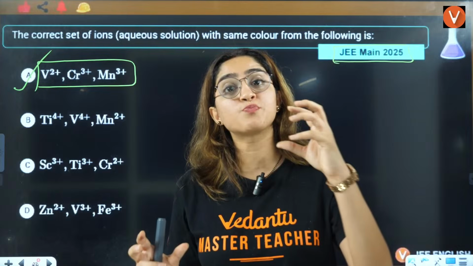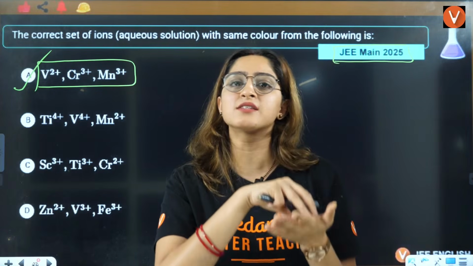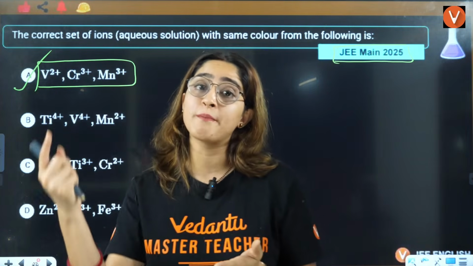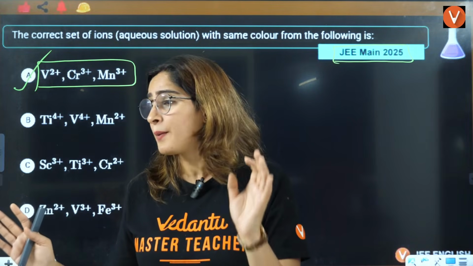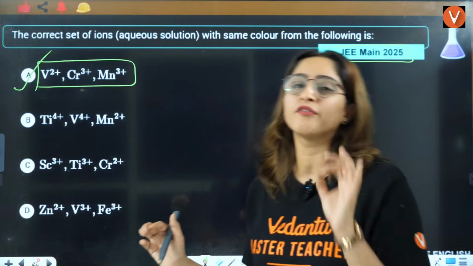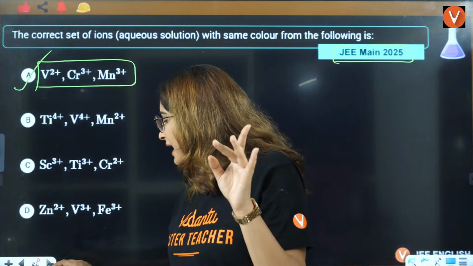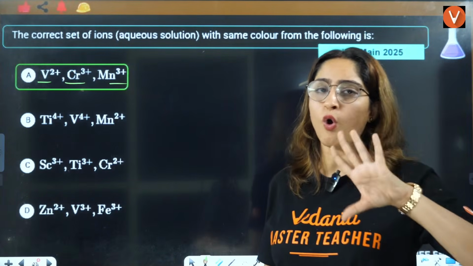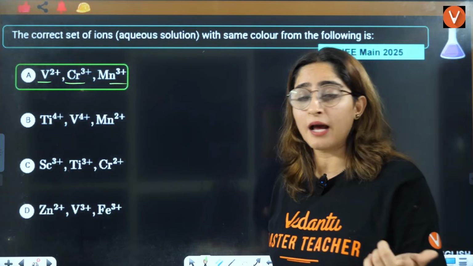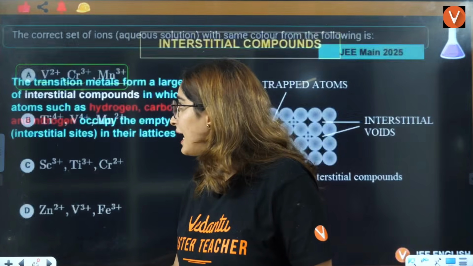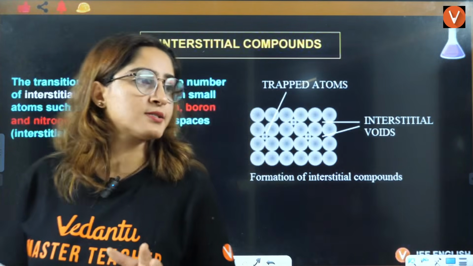Some ions with specific colors, you have to write as a group, so that you can remember this for your exam. If you want me to do that, I'll do that for you. But please remember this. It's very, very, very important for you. I'll also message you on the official Vedantu JEE Telegram channel regarding this.